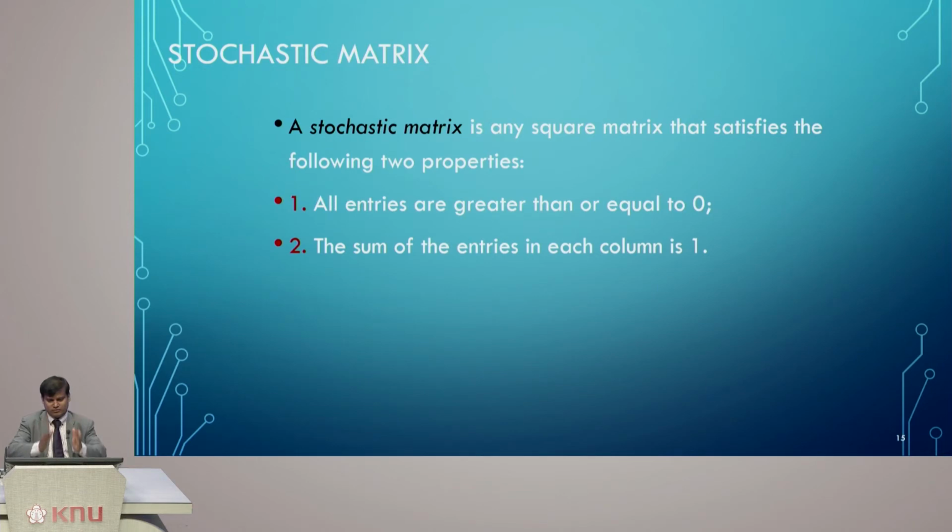Remember, we are putting the next state information in this column matrix, and it is in fact the probability. So the sum of all the probabilities of that particular state should be 1. All transition matrices are stochastic matrices. So that is a simple thing that you can keep in mind.